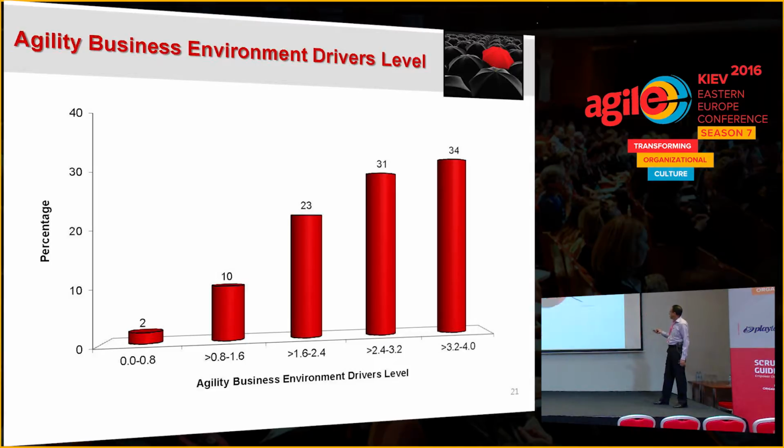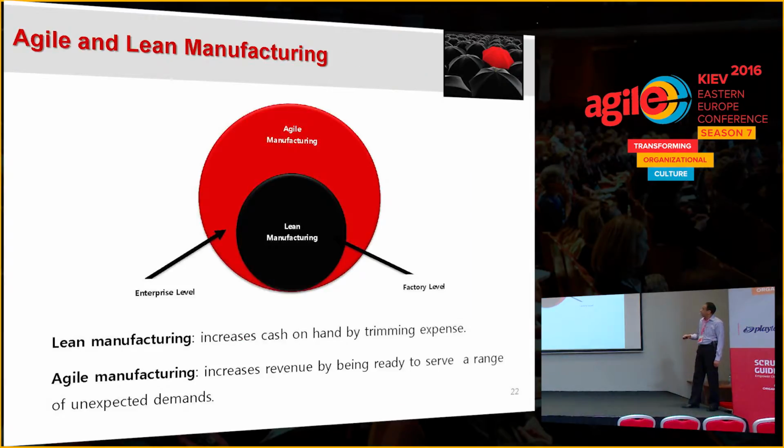We found that more than 34 of them need agility as soon as they can, because what happened in the market changed and the customer demand pushed them to be agile more than the others. But unfortunately, they are not. They have the drivers that push the company to be agile, but they are not agile at the same time.